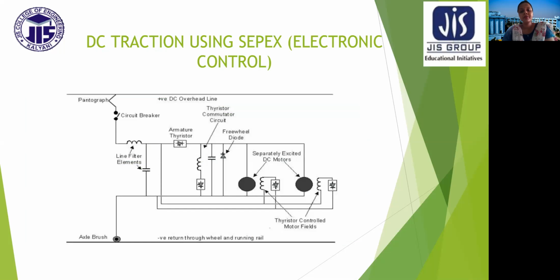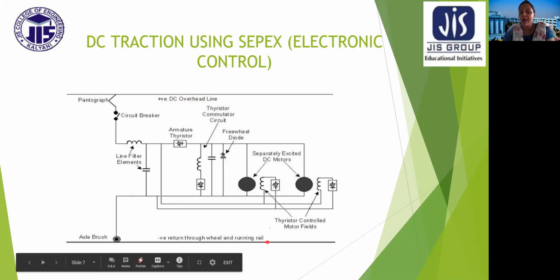DC traction system using chopper electronic control. So here you can see the overhead line. This is the pantograph and overhead line. Before going to the inner part, let me tell you, this positive overhead line is the power supply line, and the circuit gets completed through the return and running rail.